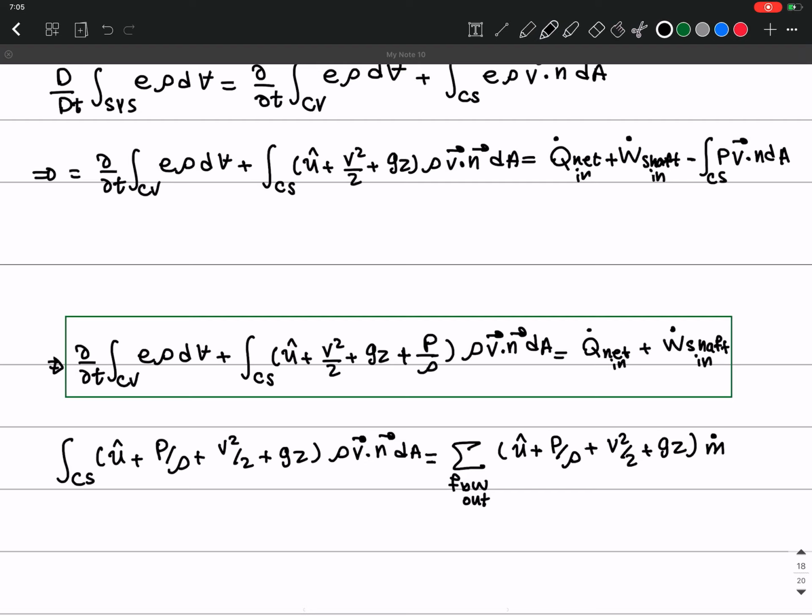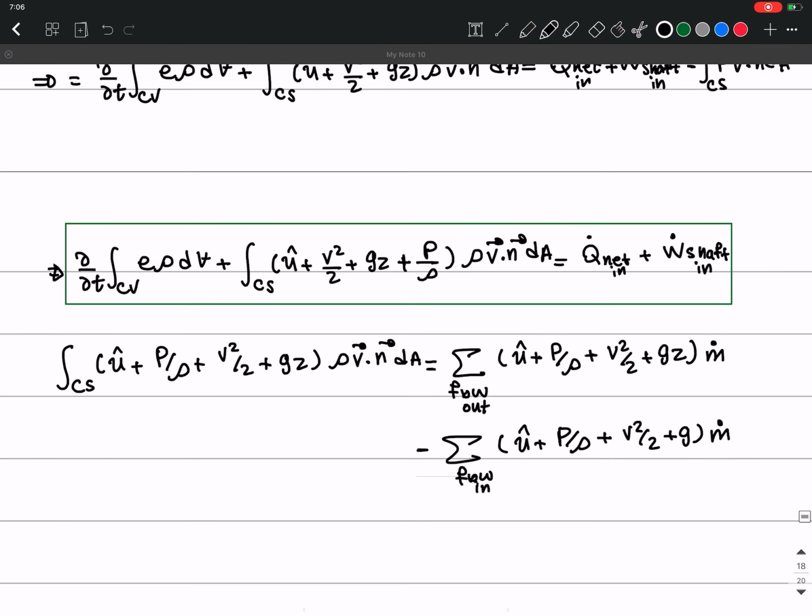Okay. And then minus all the flow in has a negative sign. So it's minus this quantity calculated over the inflow region with m dot, right?